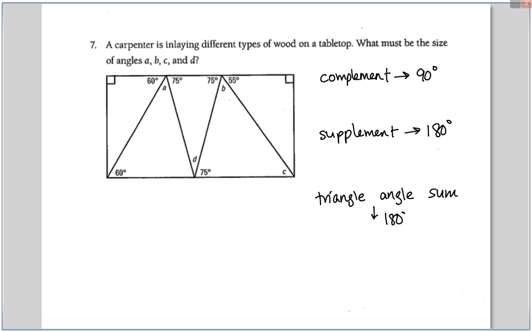So for the first one, A, you can see that a straight line is made with all 3 of those angles. So 60 plus A plus 75 equals 180. To solve for A, we have to subtract 60 and 75 from the other side.